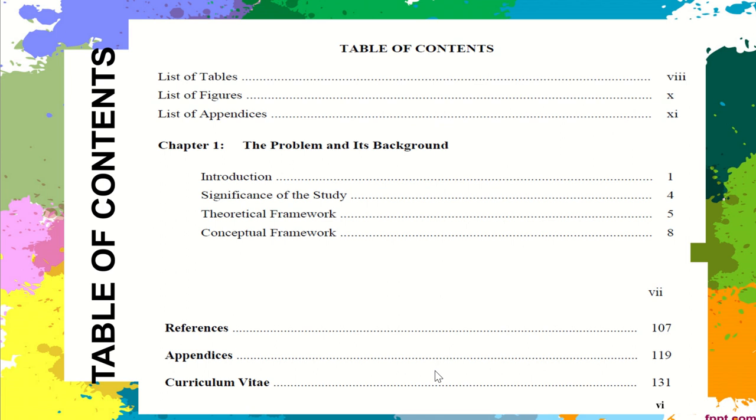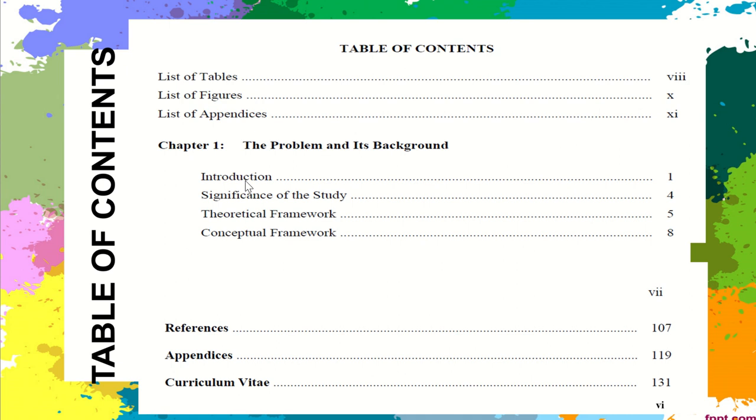Now, after the abstract, we have a table of contents. So, this is just a sample. The table of contents is where you list the chapters and major sections of your thesis or research paper alongside with their page numbers. Example, ito, table of contents, all caps, tapos list of tables can be found sa page 8, naka-Roman numerals tayo doon. List of figures, 10, list of appendices, 11.